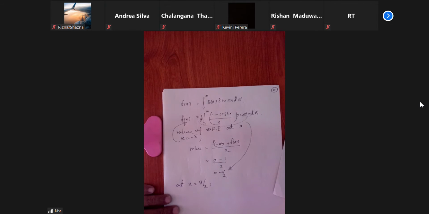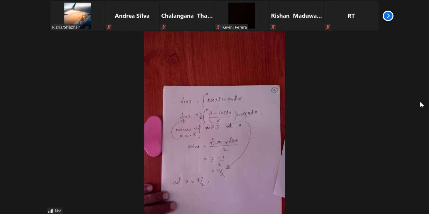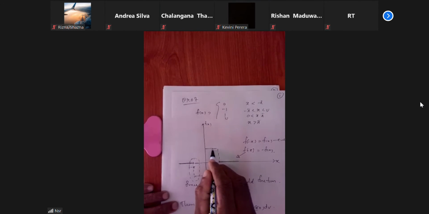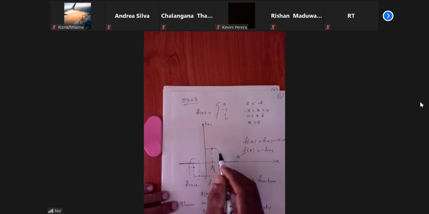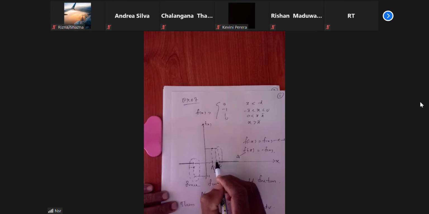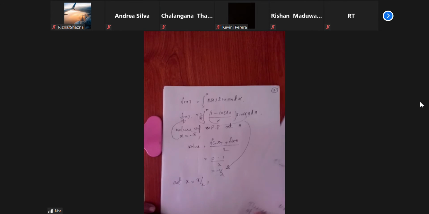It is 1, okay? Because pi over 2 lies here, the function value is always 1 around it. That is a continuous point. But if you want to find the value at x equal pi, a discontinuous point, you find the left-hand and right-hand limits of the function, divided by 2, the average value. That's what we want to learn from this.